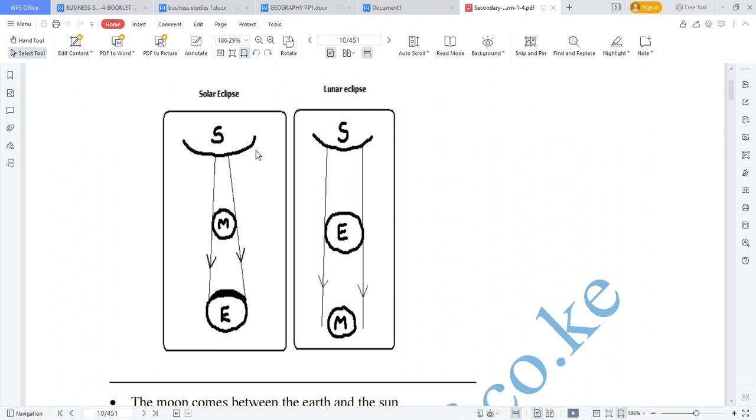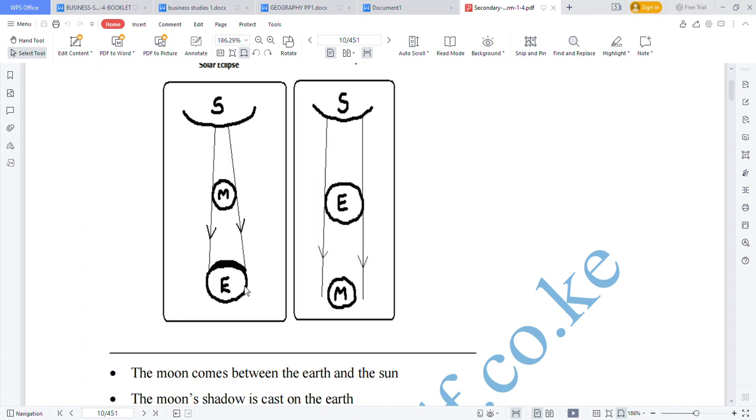In the solar eclipse, the Moon is between the Sun and the Earth. In the lunar eclipse, the Earth is between the Sun and the Moon. Kindly note that.